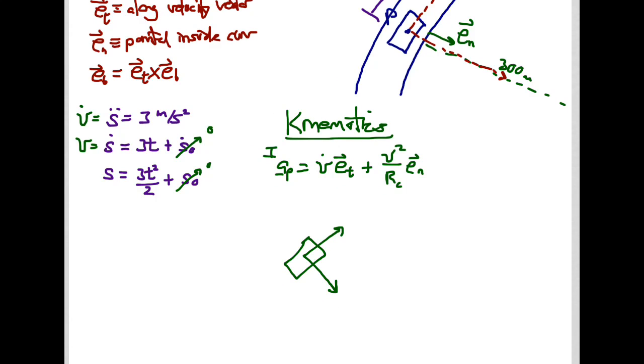And so we get 3 in the tangential direction, and then we're going to get v squared over our radius of curvature, which is rc, in the normal direction, which is 3t squared divided by 300 meters in the normal direction.